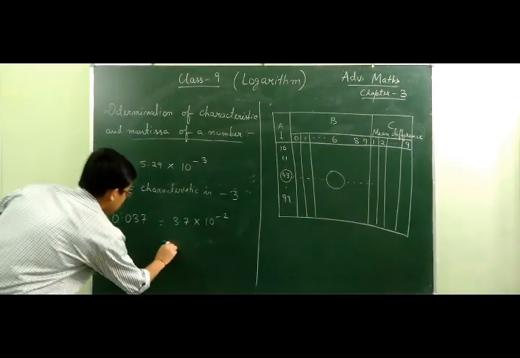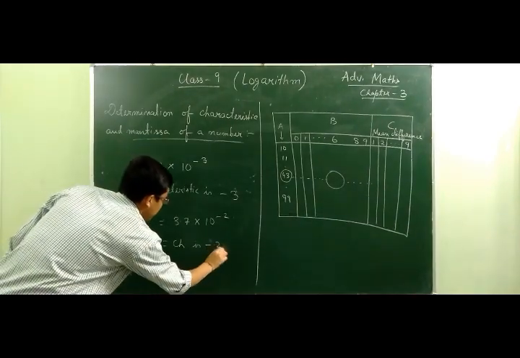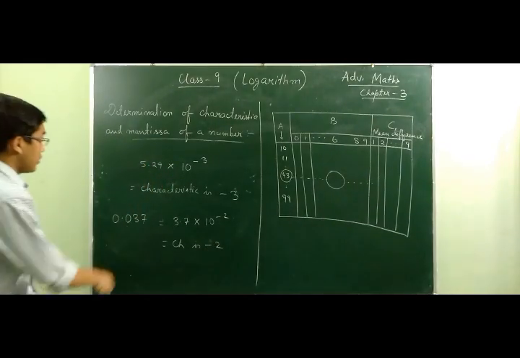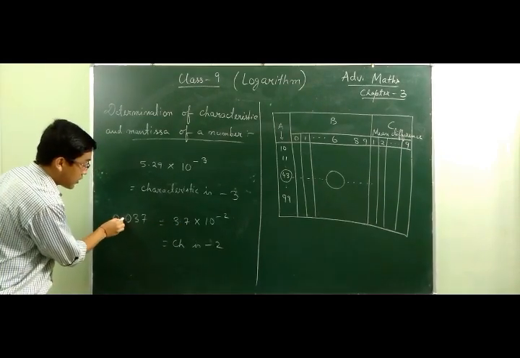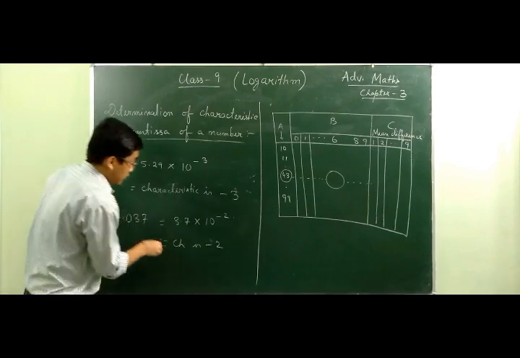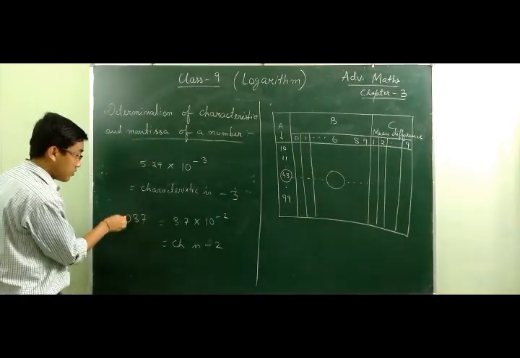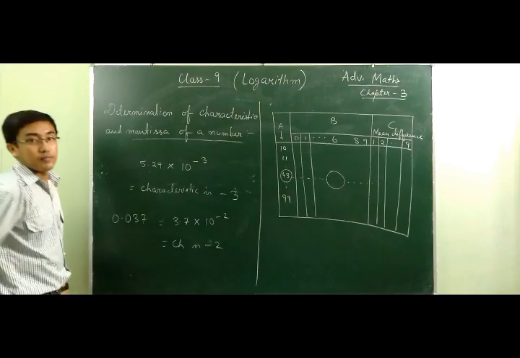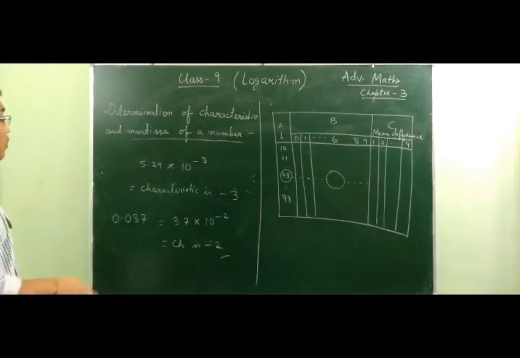So the characteristic of this number is minus 2. You can see here I have only 1 zero after the decimal point. So the characteristic is 1 more than the number of zeros after the decimal point with 1 negative sign. So this is how we define the characteristic of a number.